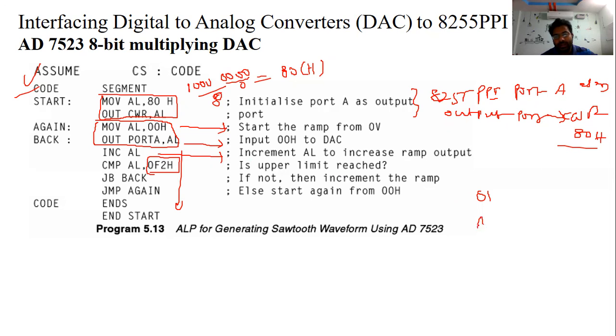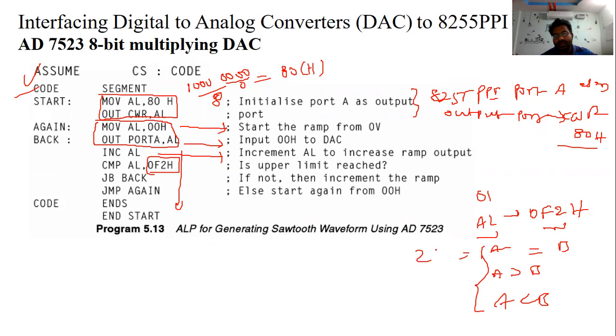You compare AL to 0F2H. Suppose you assume one as A and the other as B. They may be equal, greater than, or less than. Based on this, we can check the zero flag and the carry flag.